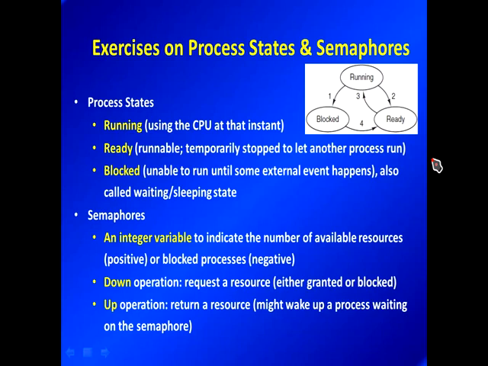Or in the second case, you cannot get the resource immediately because there are no available resources for you to use. So you have to block yourself and wait for a while, and then some other process will finally wake you up and you can get that demanded resource finally. Okay, so this is the meaning of the down operation.